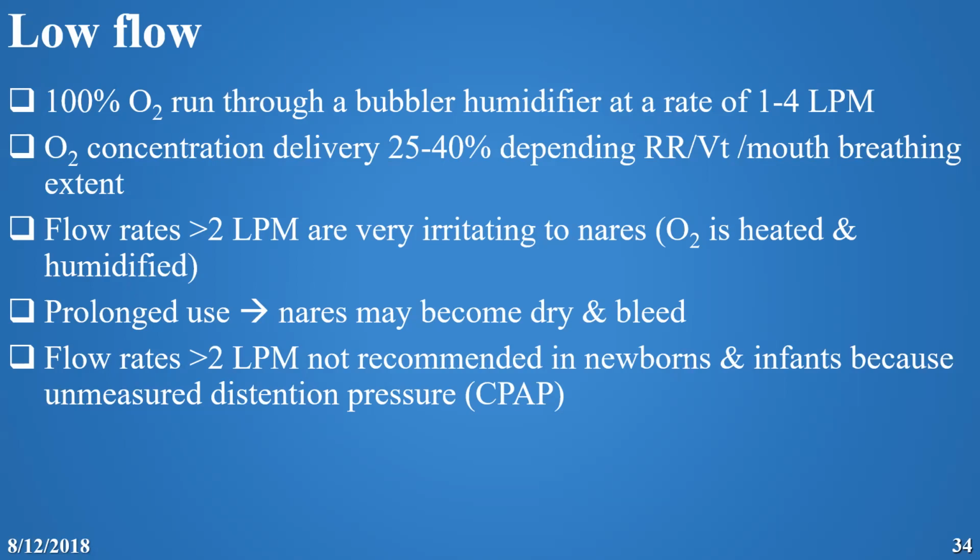Why? Because the flow from the air affects the percentage. So the set is 100, but what's going to the baby is 25 to 40 based on the flow we're using.